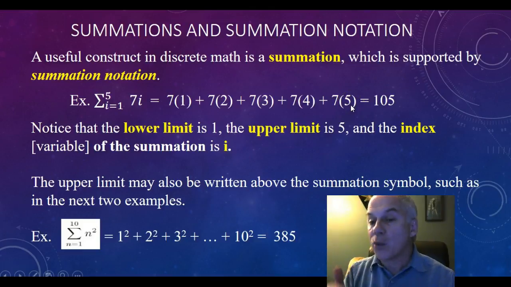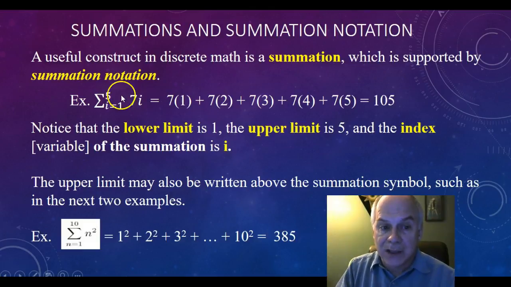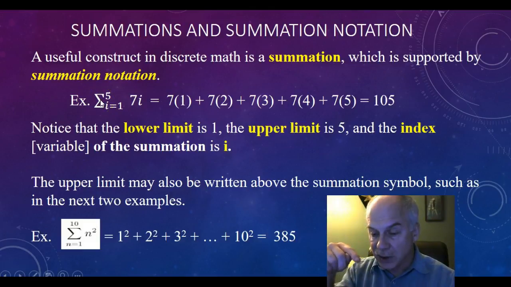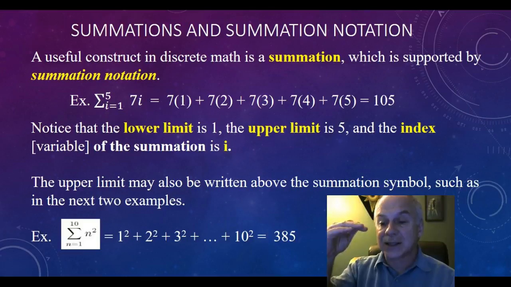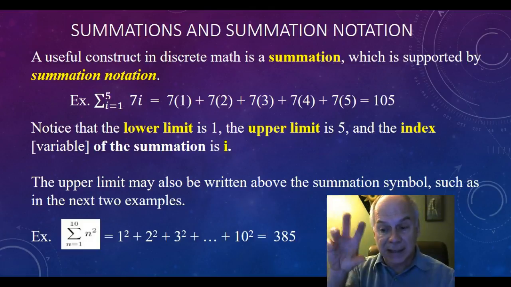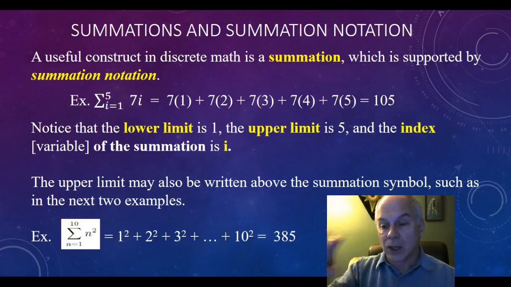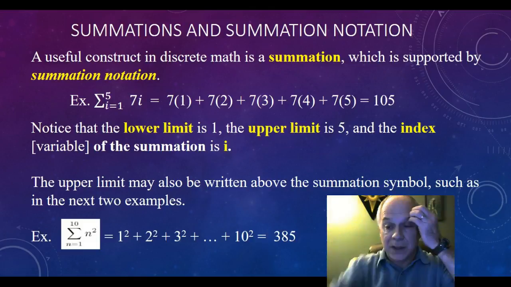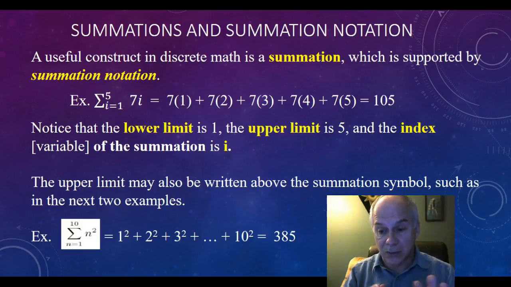Now, why are we adding these terms together? Because that sigma notation denotes a sum of all the terms of this expression. So whenever you see that sigma symbol, we're going to be adding the terms up in the sequence. So it's no longer just a sequence, it's a sum of a sequence.